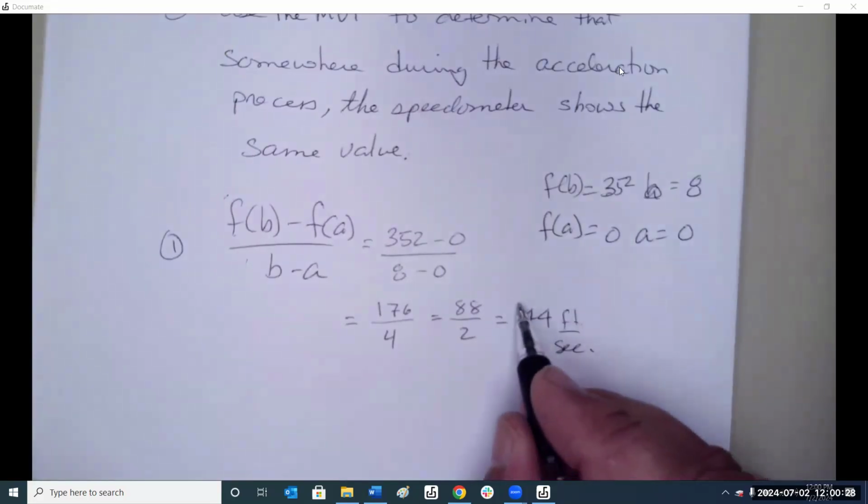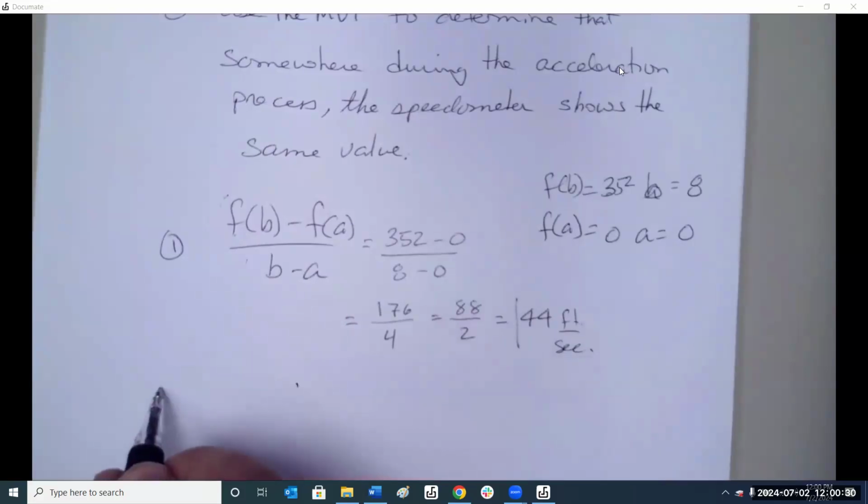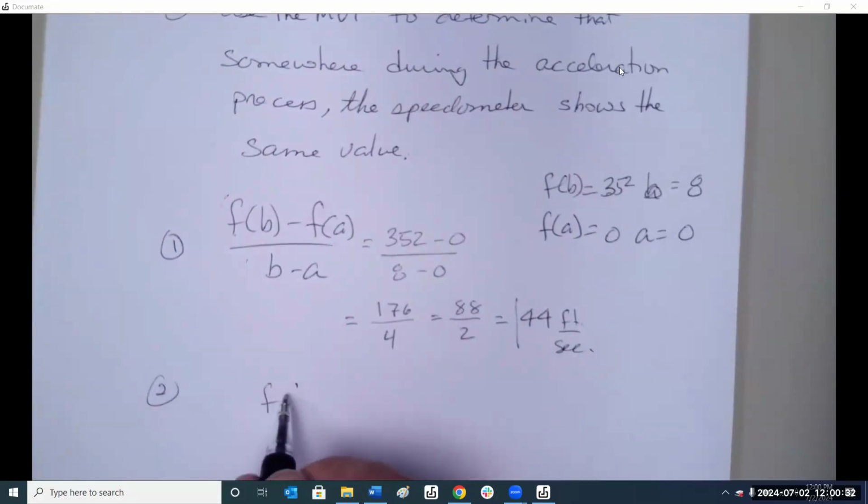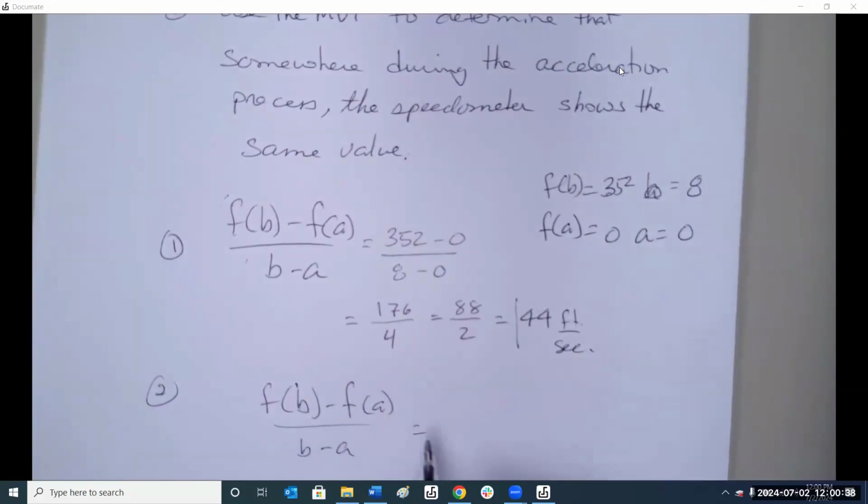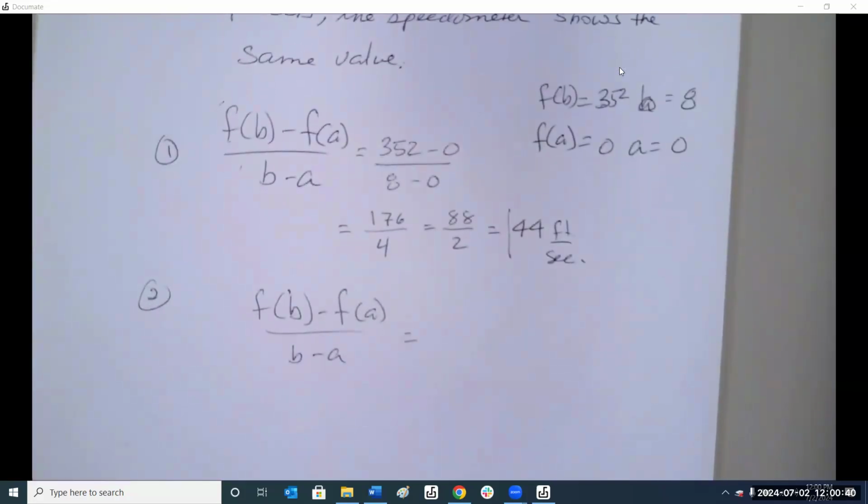So what it's saying here, because of the mean value theorem, is this: whenever you're asked to find something and it gives you the name of a theorem, write that theorem down, or write the formula that comes with that theorem. You have to have a starting point.